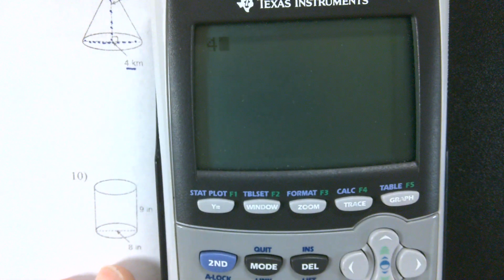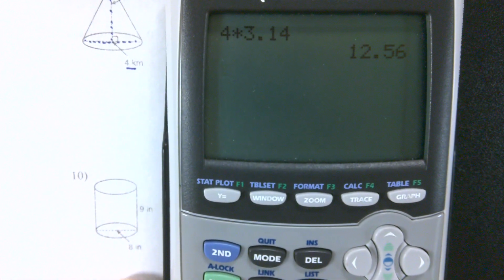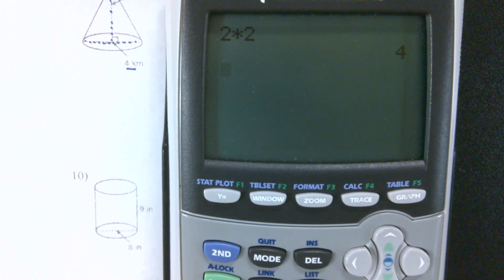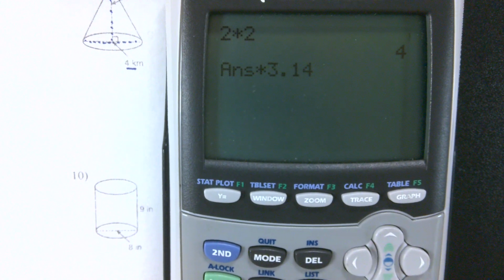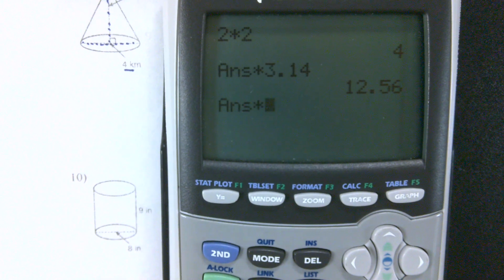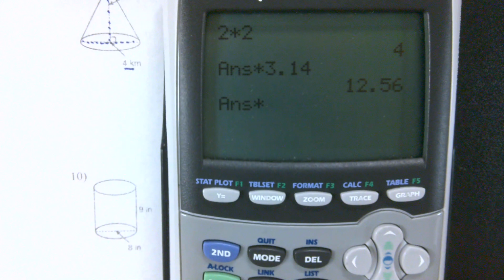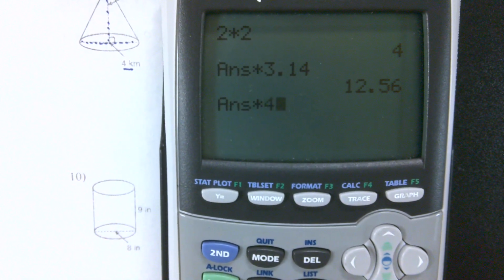2 squared gives us 4, so 4 times 3.14. Actually, let me do 2 times 2 first. Then we multiply that by 3.14. What do we multiply this number by? What's my step number 4? Multiply by the height, right? What's my height here? 4.